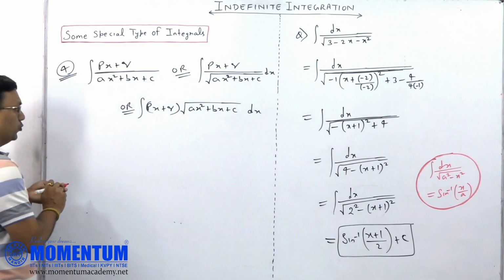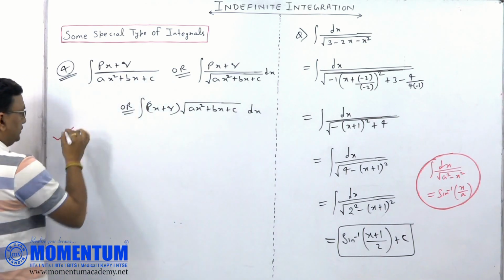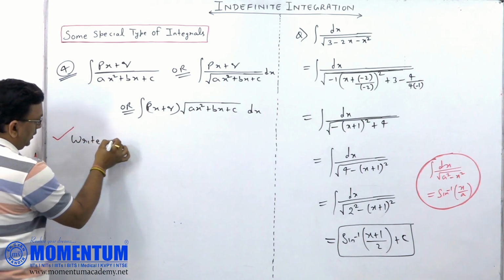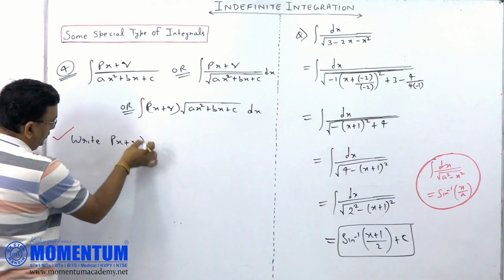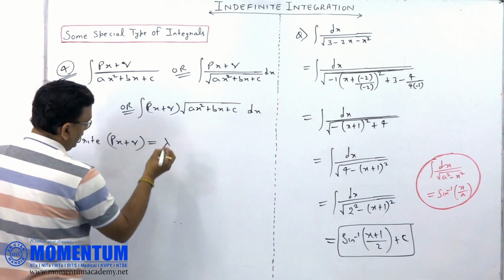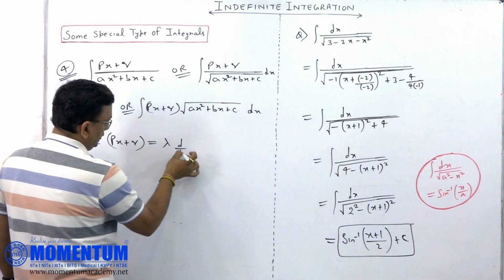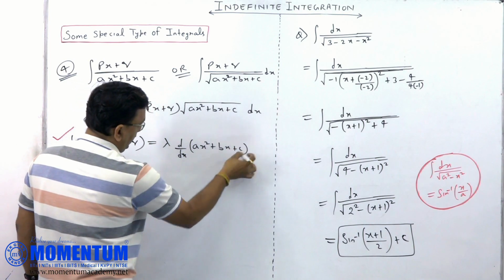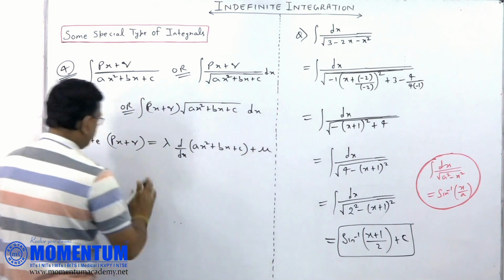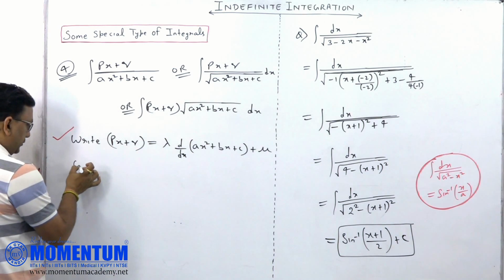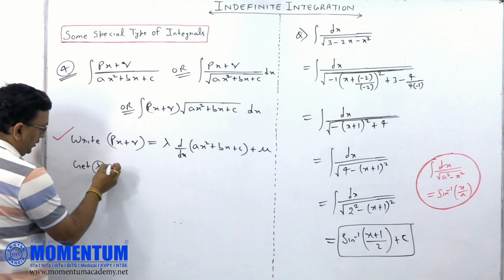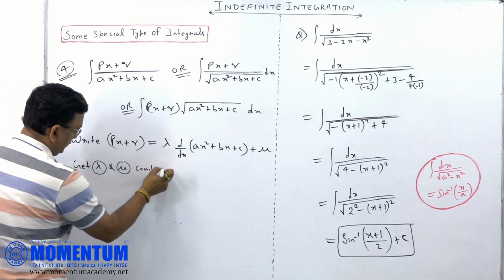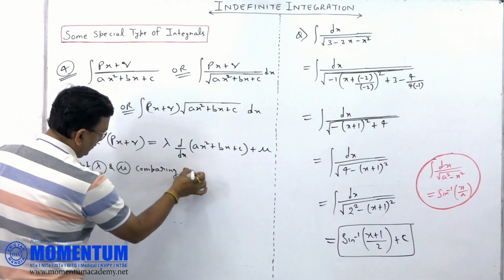What should we do? Write px plus q is equal to lambda times differentiation of quadratic plus mu. Get lambda and mu by comparing coefficients.